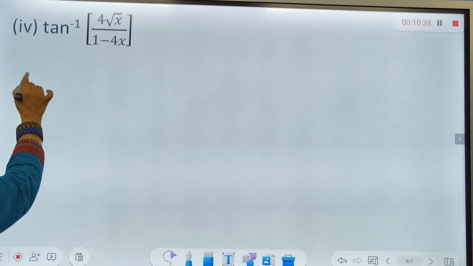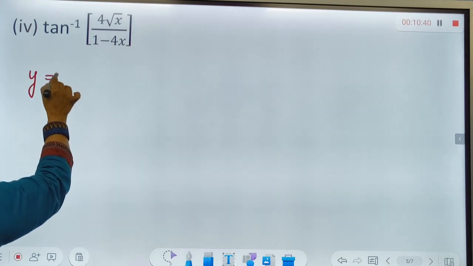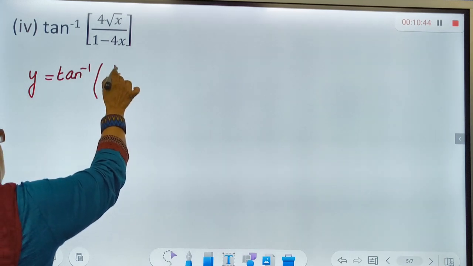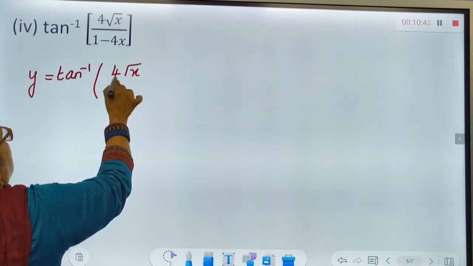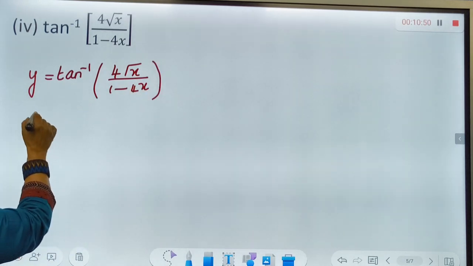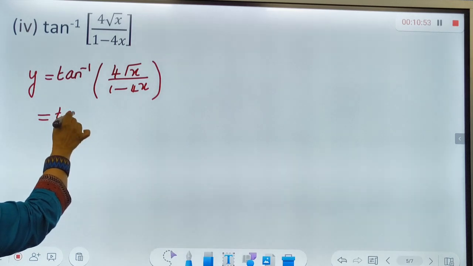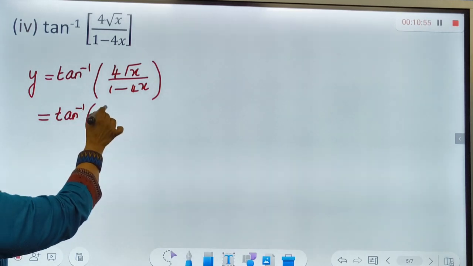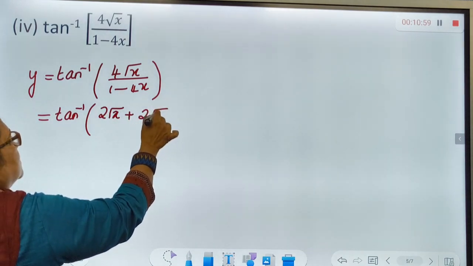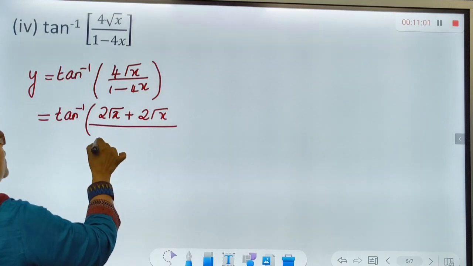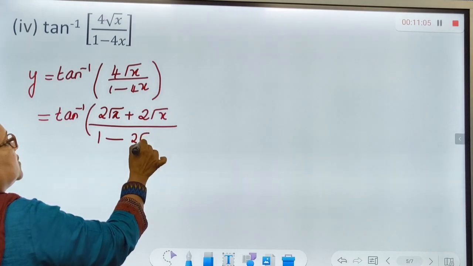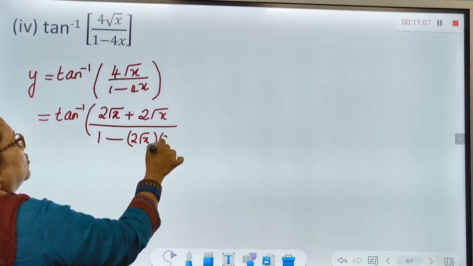Now look at this. y equal to tan inverse 4 into root x by 1 minus 4x. This I can write as tan inverse 2 root x plus 2 root x by 1 minus 2 root x into 2 root x.